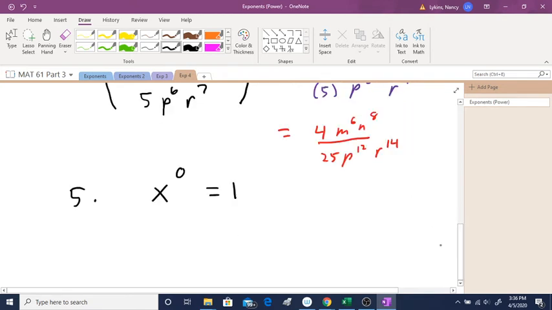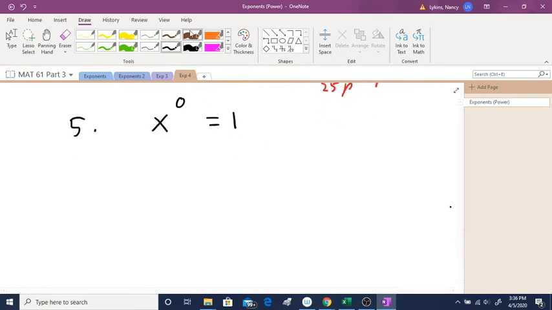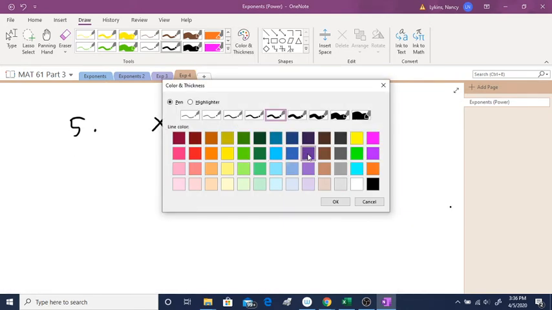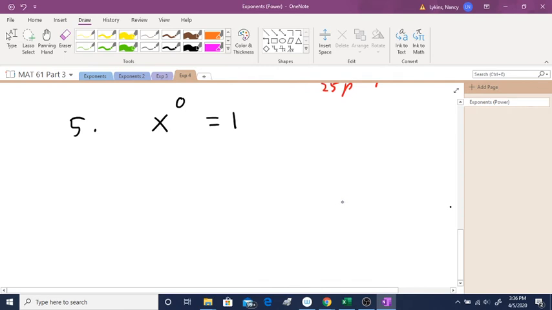And we always say that this is a property, but some of us in here would like a good explanation of this. So because this is dealing with exponents, x to the 0 equals 1. I'm going to demonstrate this.